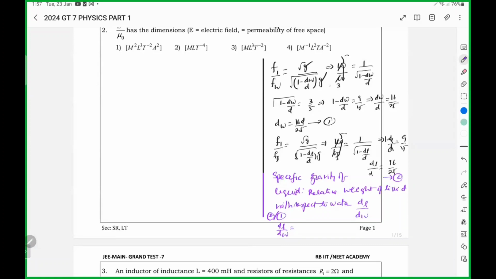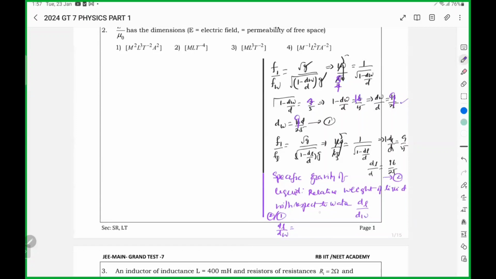Here it is 100 by 80, sorry. 4 by 5, 16 by 25, 9 by 25. This is 4, 4, it is 16, so it will be 9.